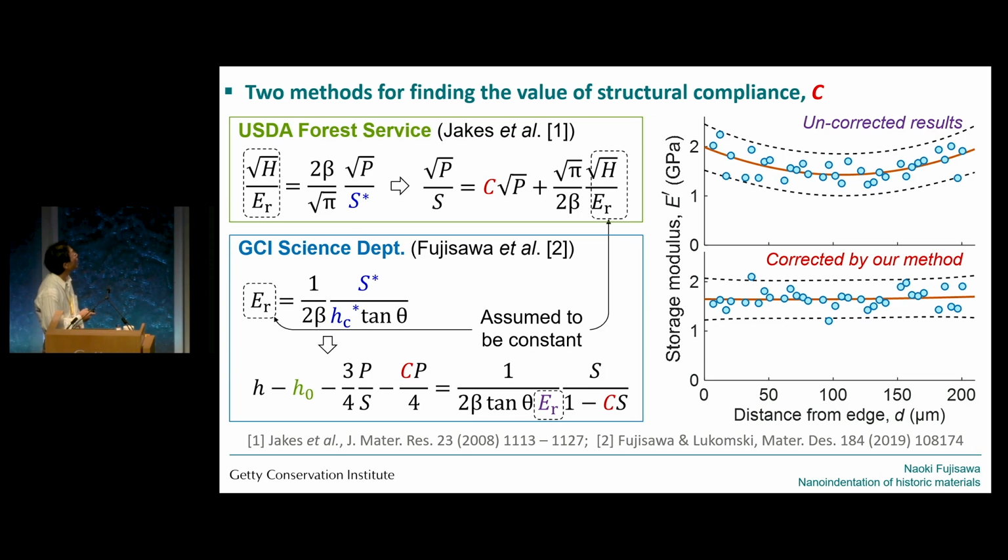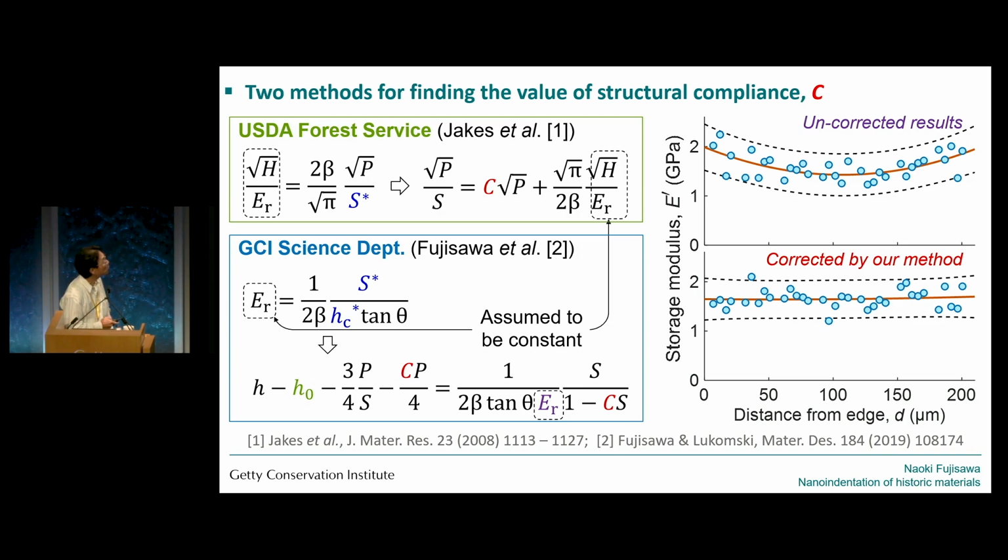But the issue with our model is that you have to solve a more complex equation with three variables, whereas for Jakes' model, you only have a single constant, so it's very easy to solve this equation. But we have a reason for doing something more complex, which I cover later.